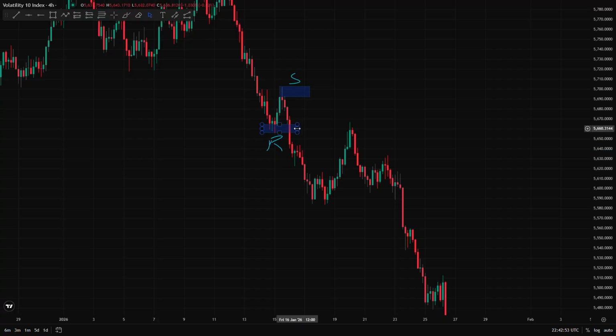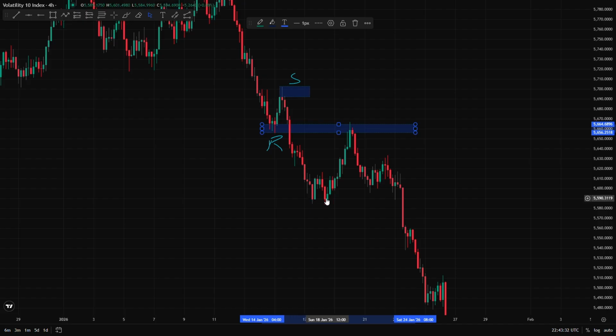Remember earlier I mentioned something called resistance turning support. We have an example here. This was a resistance. It stopped the overall movement of the market, reversing it to the opposite direction, and this particular price supported the movement back to the initial movement. Then it broke through that resistance. It got to this particular price. It was also rejected.